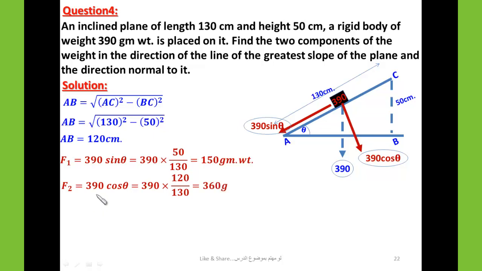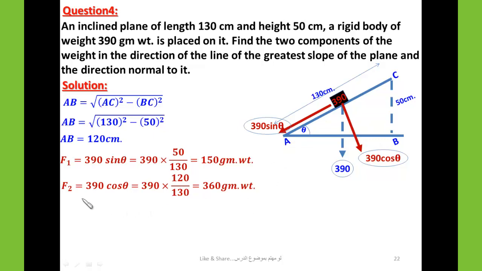F2 equals 390 cosine theta, and cosine theta equals 120 over 130, the length of the adjacent in triangle ABC over the length of the hypotenuse, which equals 130.